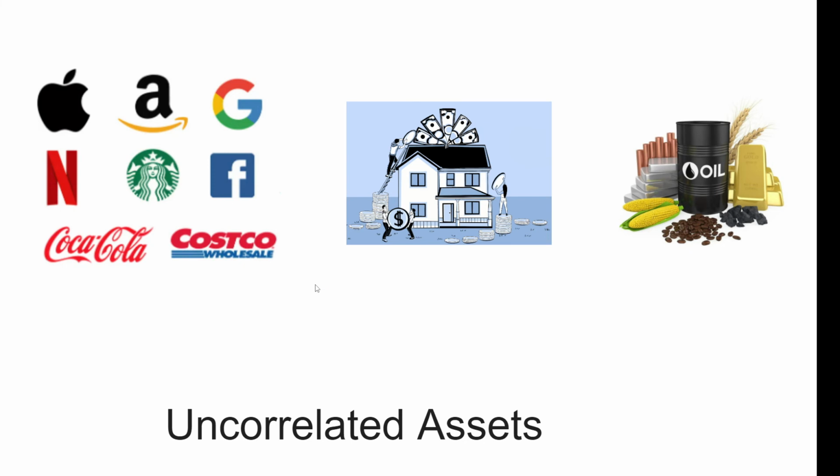I'm not saying you should be investing in gold when you're investing in stock. You can diversify further: you can put some money in gold, some money in real estate, some money in stock. This way they are not correlated, and therefore if something happens, your risk is minimized.